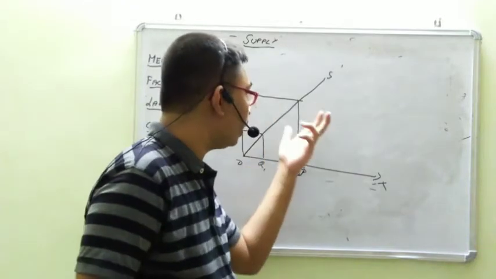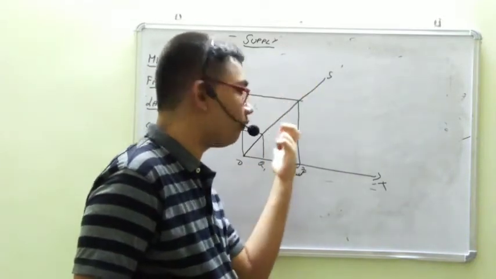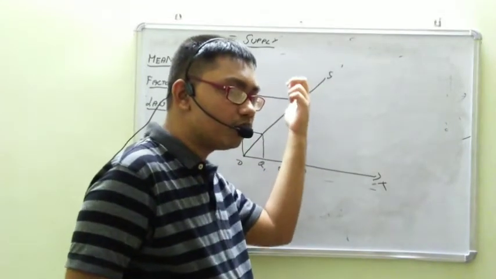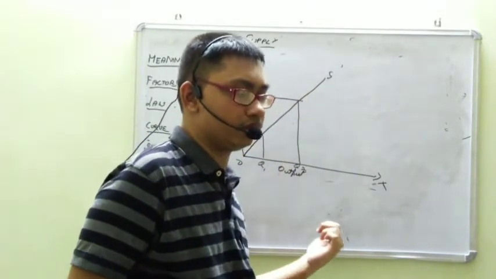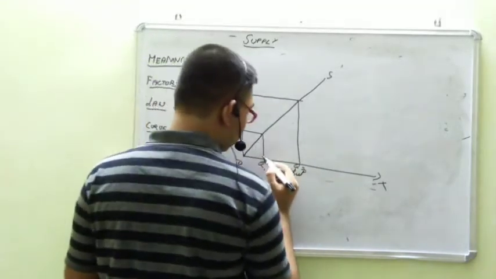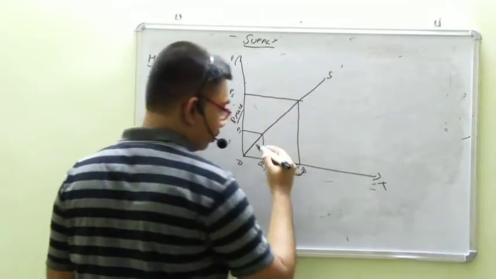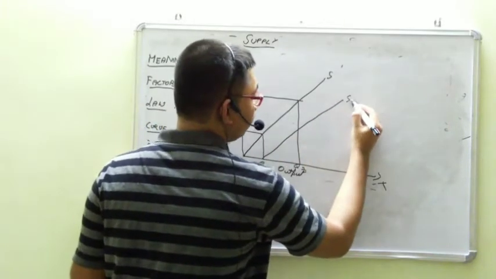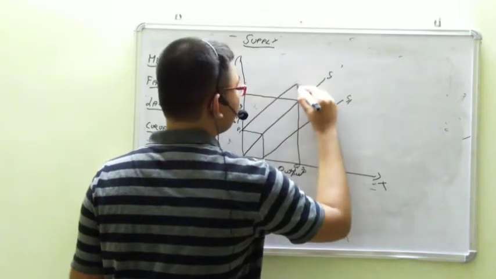On the contrary, if the price decreases from P2 to P1, supply will move downwards along the same supply curve. So that will be contraction of supply. Now suppose any other factors change. So we have S1 and let's say S2.